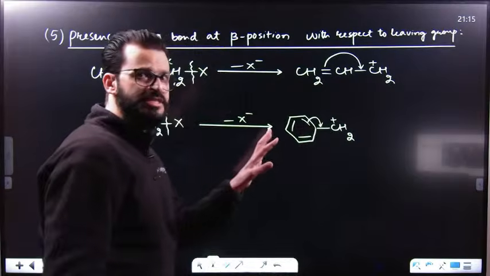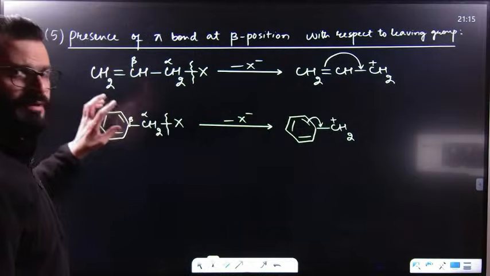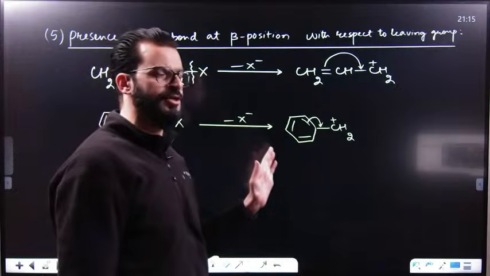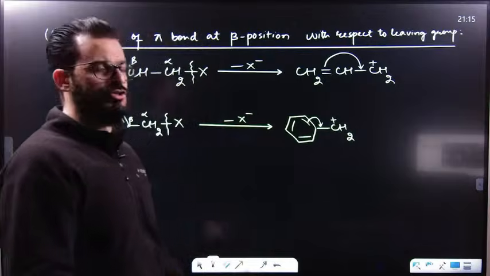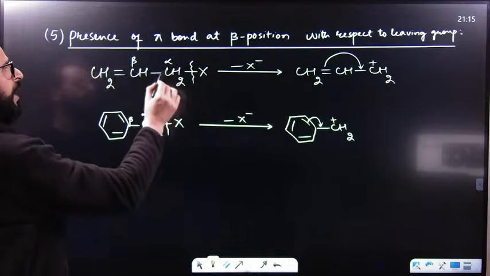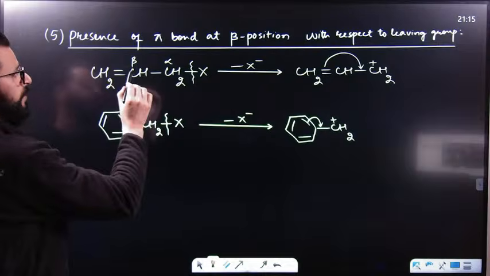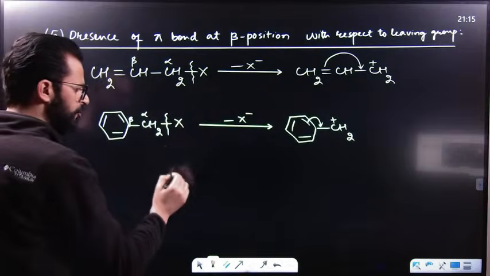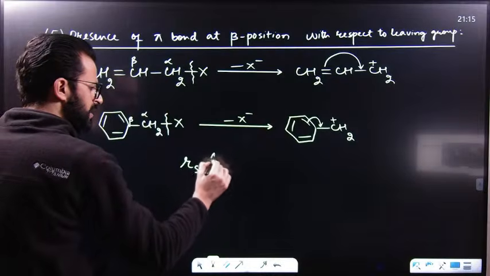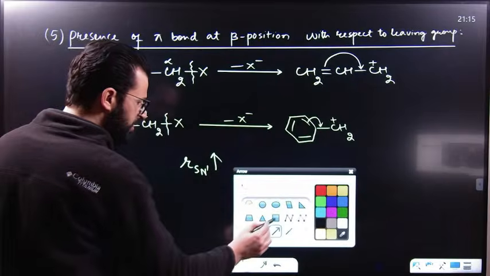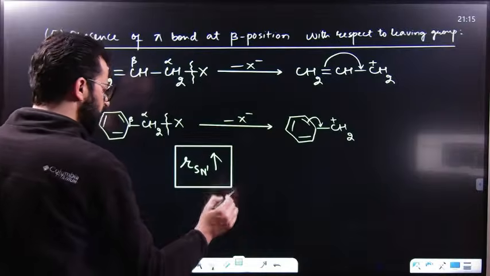So can we say allyl halides and benzyl halides prefer SN1 reaction because they form carbocations which are stabilized because of resonance. So whenever you have pi bond at beta position with respect to leaving group, at that time the rate of SN1 is increased. That means such conditions actually favor SN1 reaction.